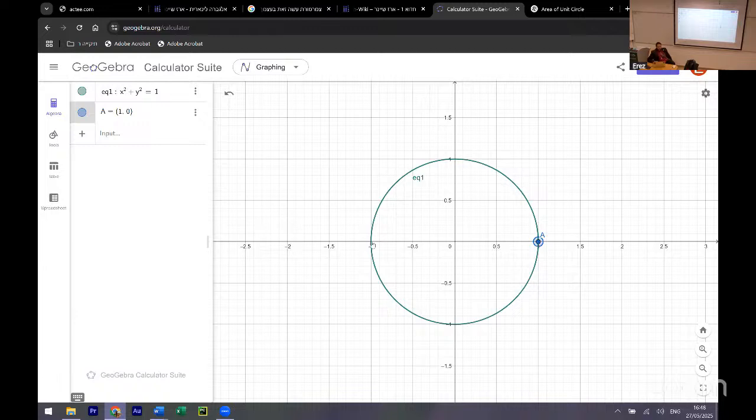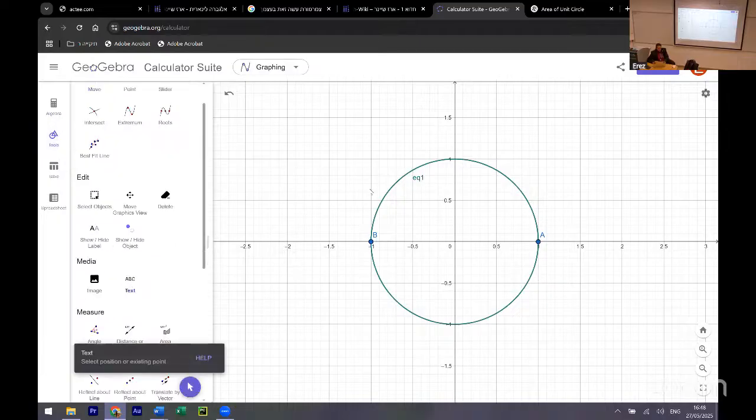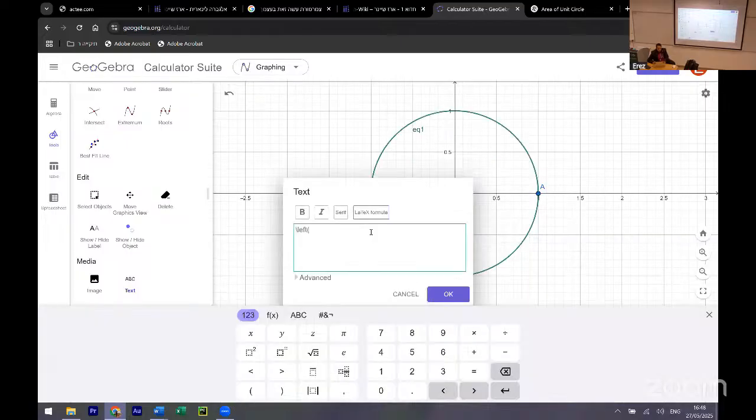Half the circle, we get to this point. Agreed? So we get to (-1, 0). And by definition, we define that point to be cosine of pi, sine of pi.